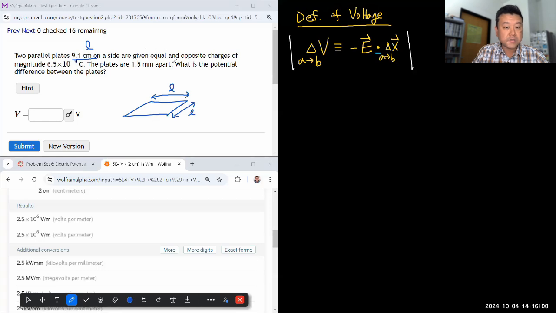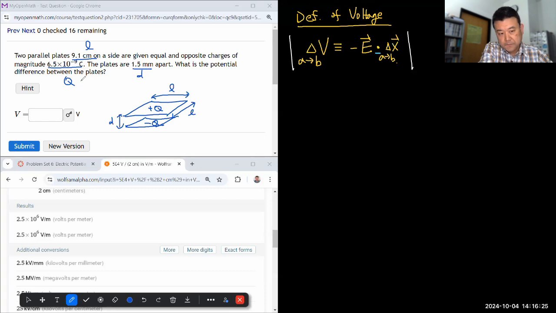Plates are given equal and opposite charges of magnitude Q. So it's like I have a plate there with a plus Q and another plate down here with minus Q, and they are separated by some distance, let's say D. What is the potential difference between the plates?